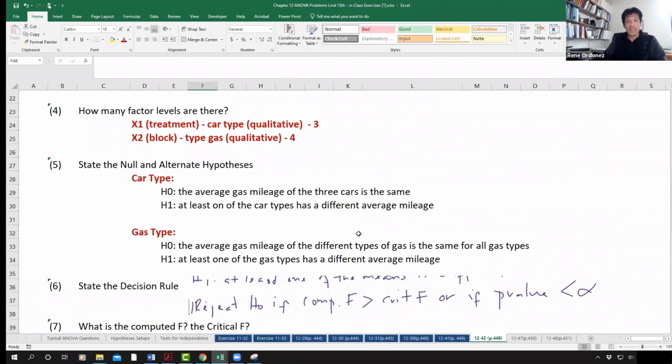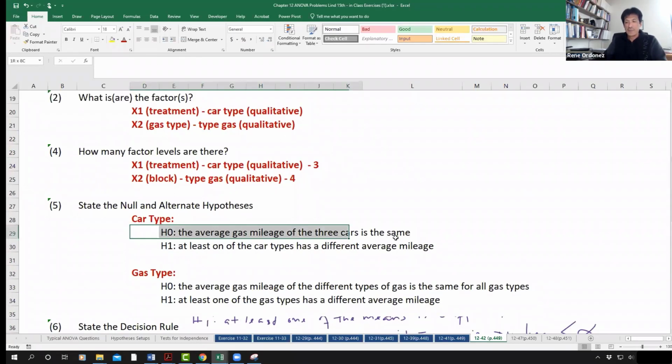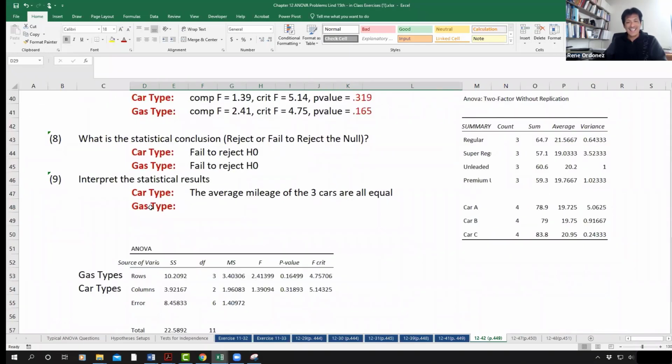They're all equal because we failed to reject the null hypothesis. For the gas type, the average mileage of the four gas types are all equal.